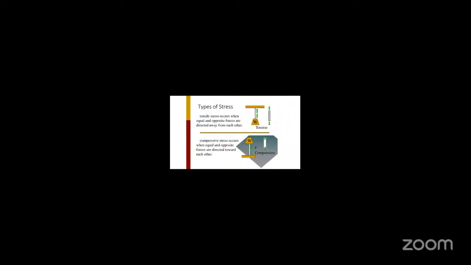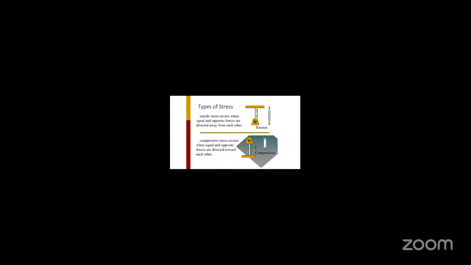Then this is a relationship between stress and strain, still within Hooke's law. The relationship between the elastic stress and strain brings us to modulus, Young modulus. Then we talked about stress, force over area, and strain, change in length over original length. We talked about types of stress, tensile stress and compressive stress.